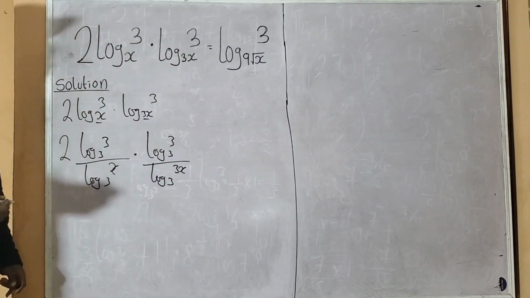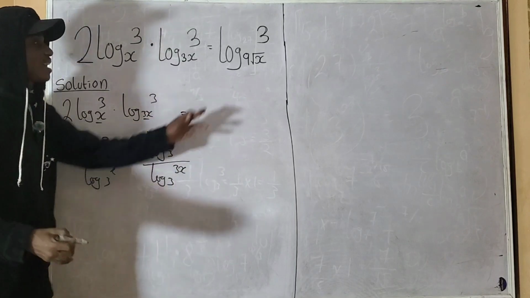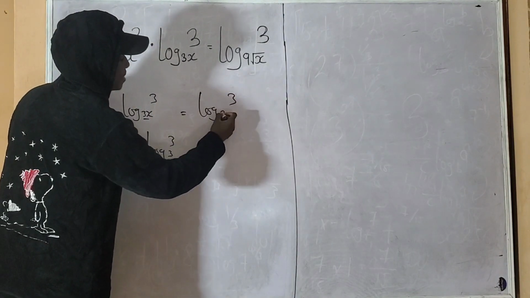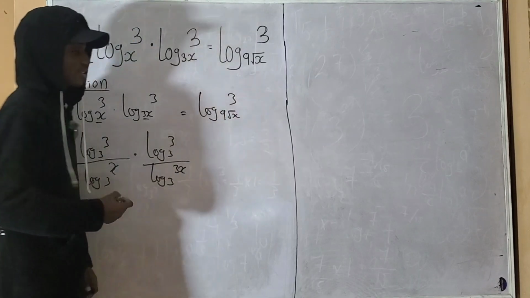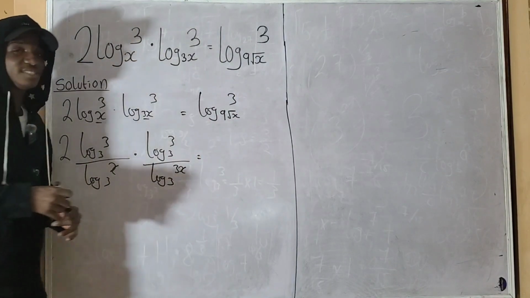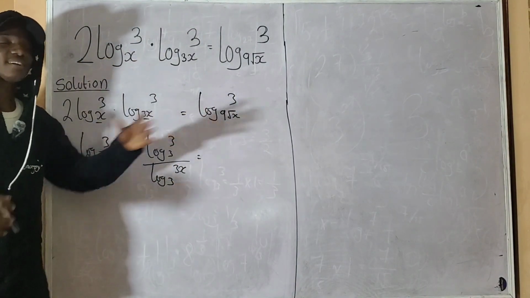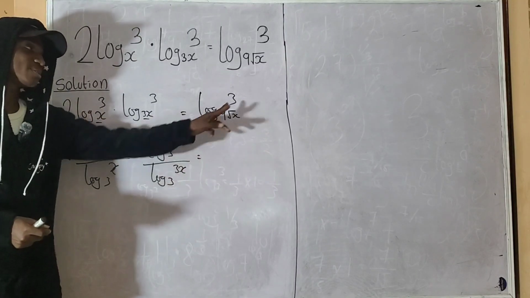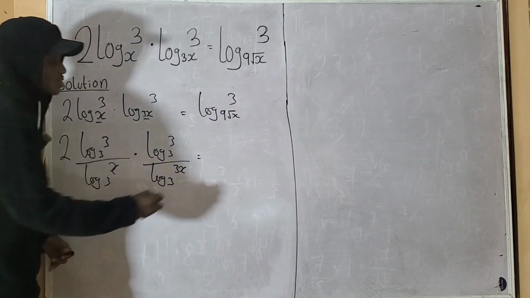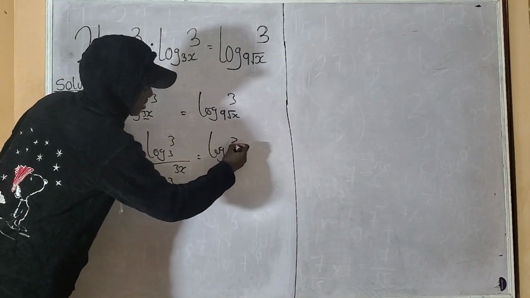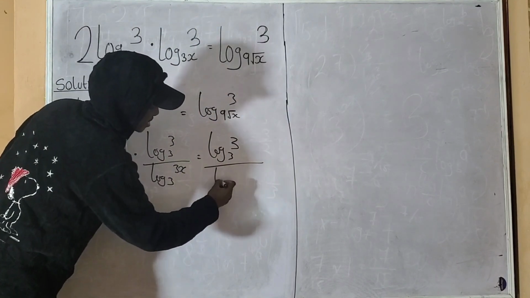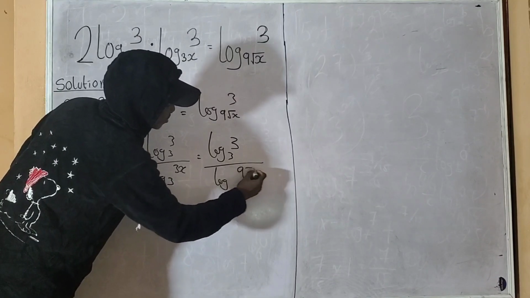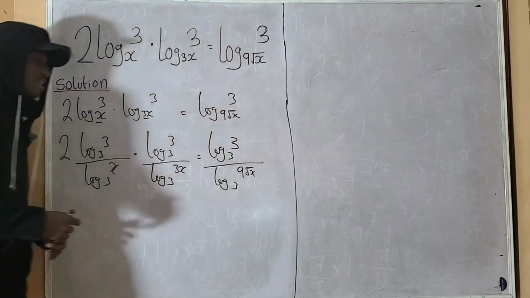Are you following? Also, if you look at the right-hand side of the equation, we have log_9√x 3. We are still going to apply the change of base formula, with base 3. So I'm going to have log_3 3 divided by log_3 9√x.